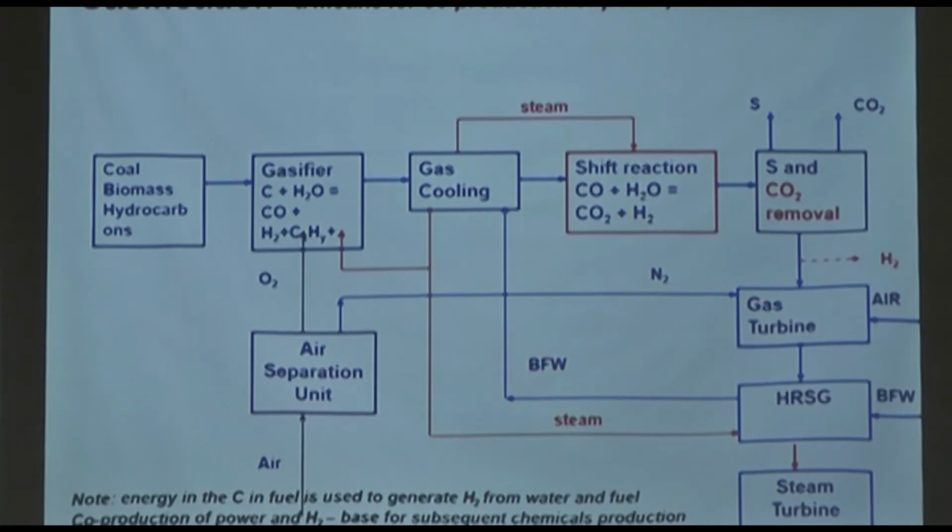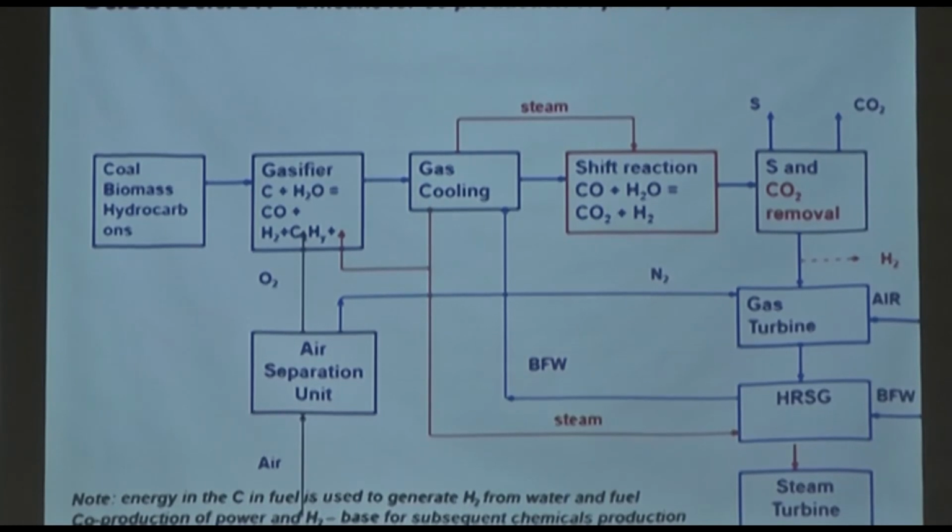The gas turbine manufacturers are extremely conservative. They want a very low level of alkali in the gas. So you can cool the gas and condense out the alkali. That's one reason. If power generation through gas turbine is the focus, and gasifiers will have to use gas turbines if power generation is the focus, there is no escaping from that. The second reason is shift reaction.